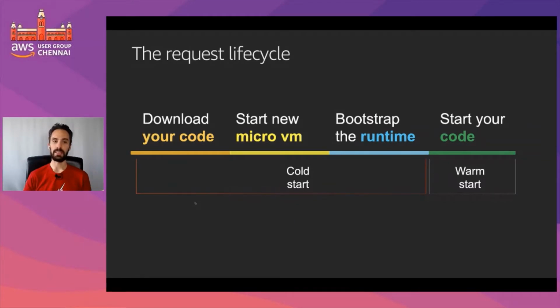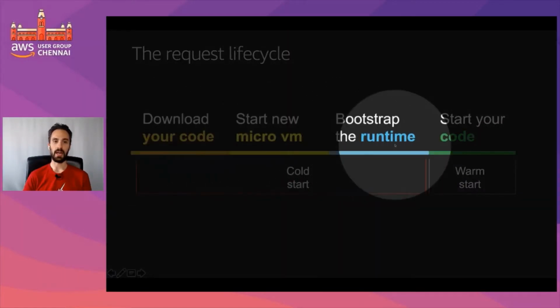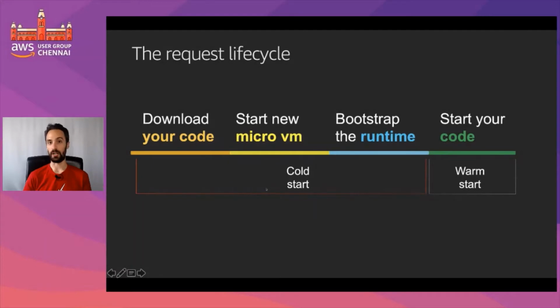And what happens in the first three steps is what we call a cold start. Cold because this only happens if you haven't invoked your functions for a while, or in the moment where you are scaling horizontally, so that many concurrent executions are coming into the system, and we need to kick off new runtimes for you.